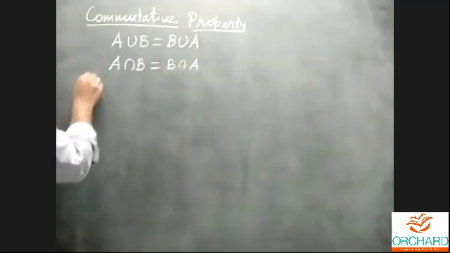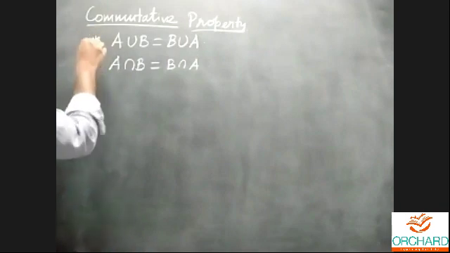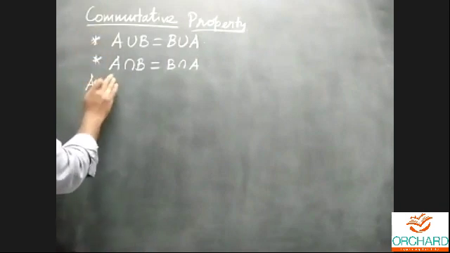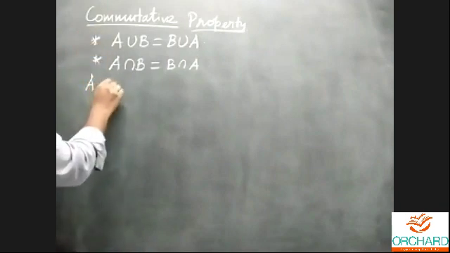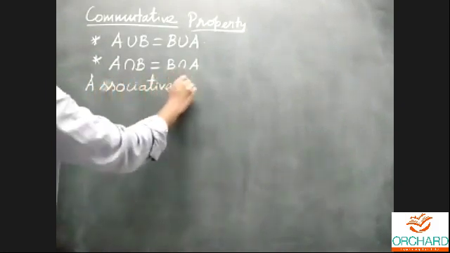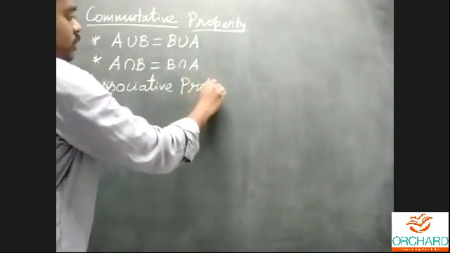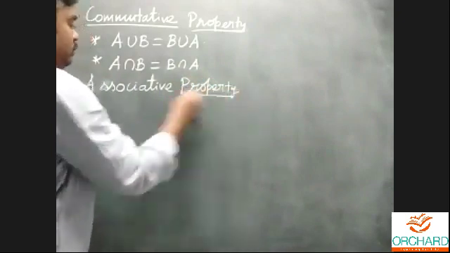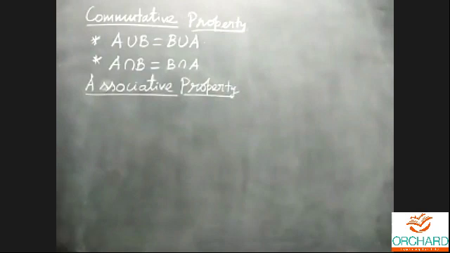Next, associative property. Associative property of union and intersection.